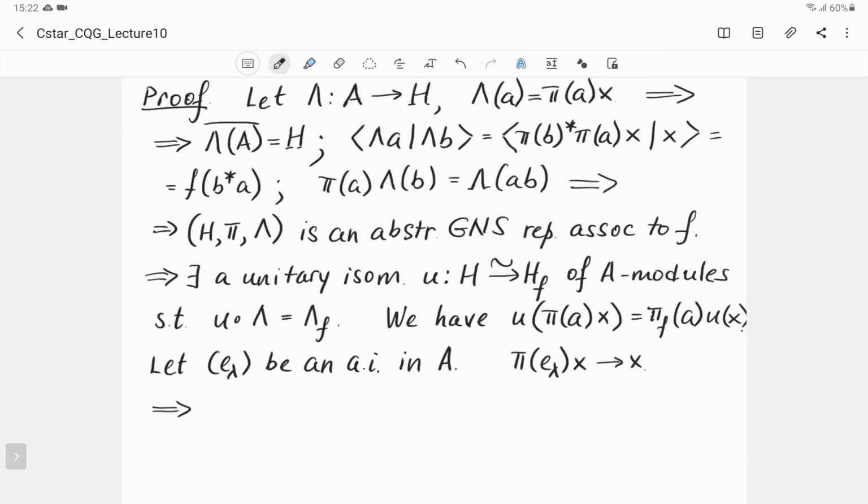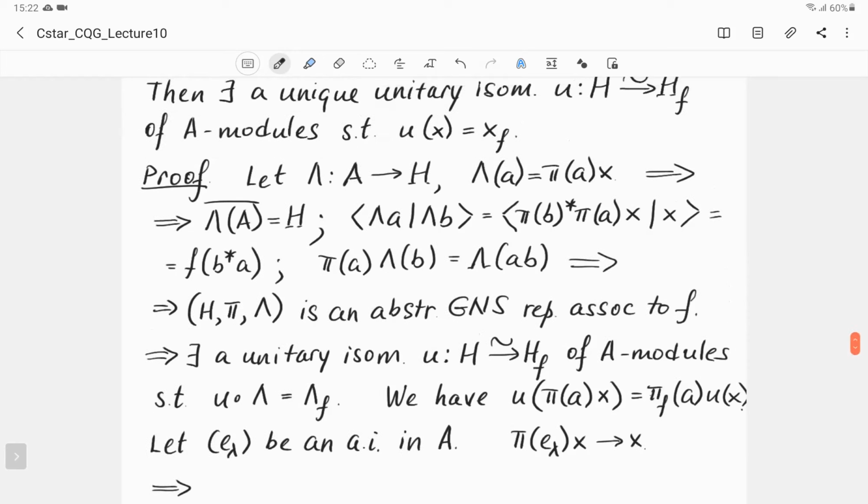Oh, this is true, but so I want to get x_f in the image. Why is it x_f?